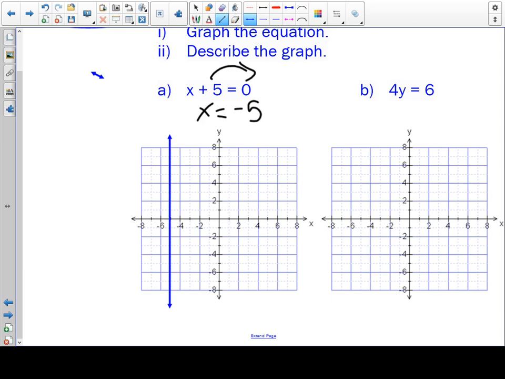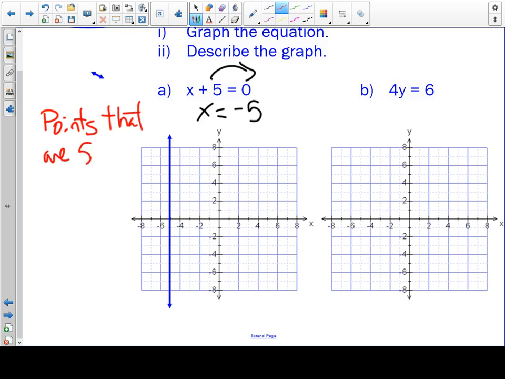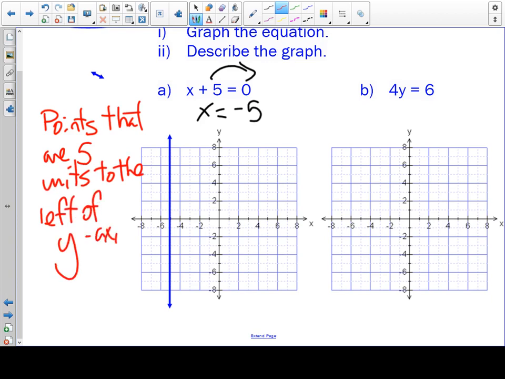Now, how would we describe the graph? So we would describe the graph by saying it is the collection of points that are 5 units to the left of the y-axis.